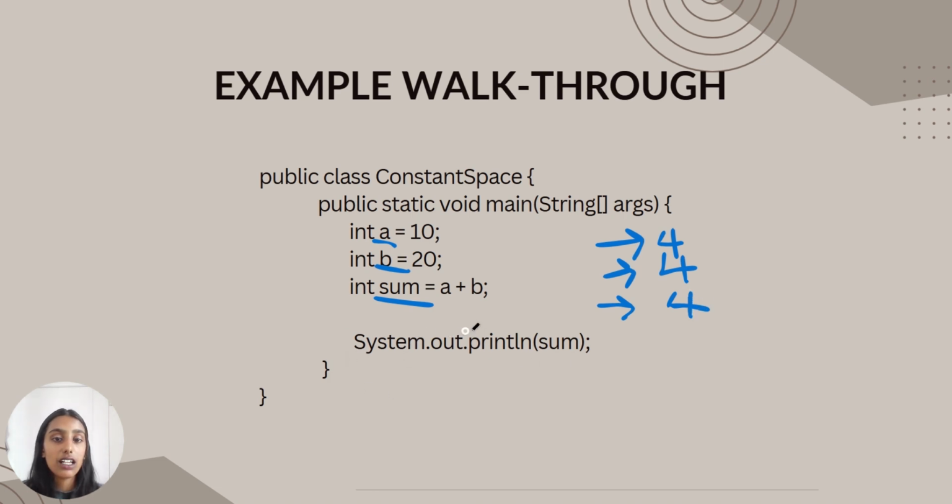A small amount of auxiliary space will also be used here, so let's say the system out also requires 4 bytes. Then we get a total space of 16 bytes. Regardless of what int a is, let's say int a is 15, it would still only require 4 bytes. All of these variables are constants, so this has a space complexity of O(1).